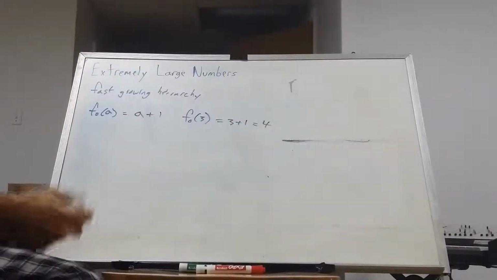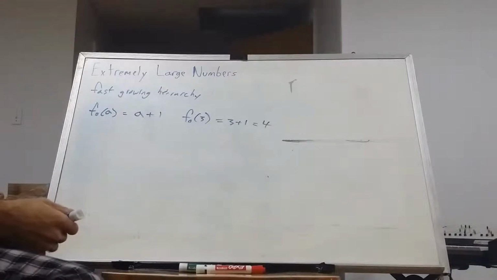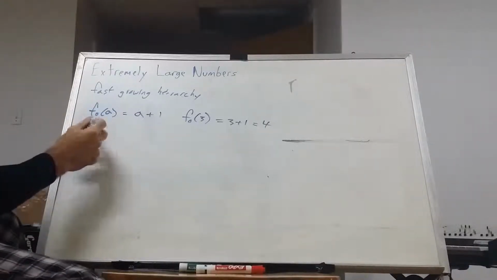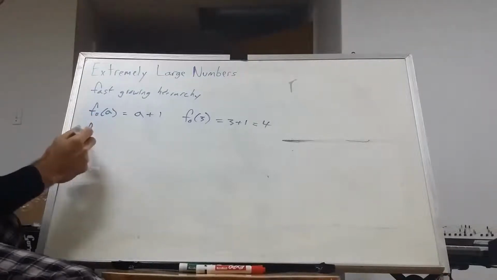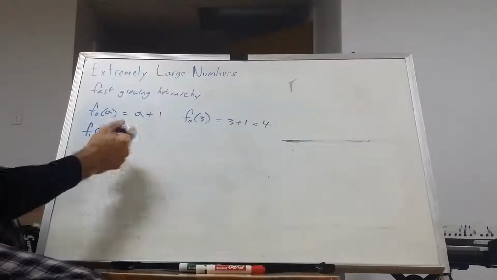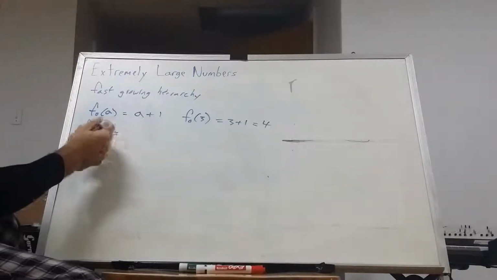Now the power of this function comes with recursion, and we get an idea of this when we go to the next number of the function. So f sub 1 of a is going to equal a copies of f0.